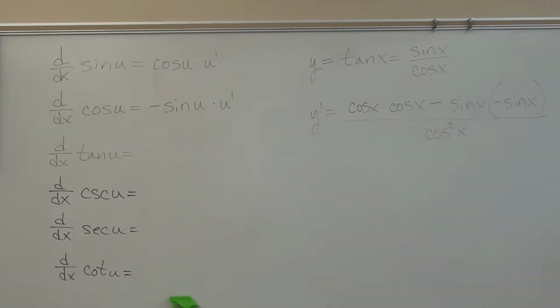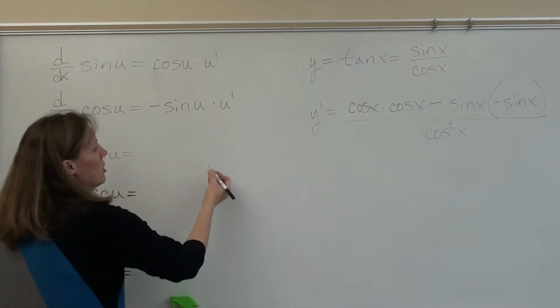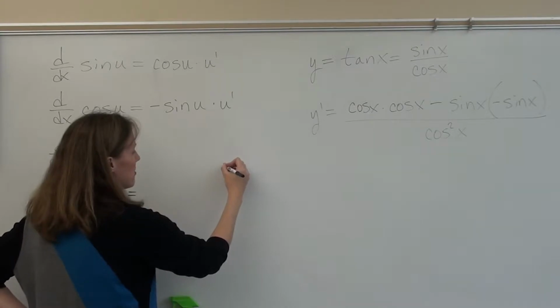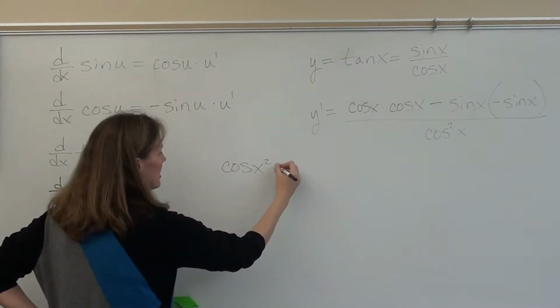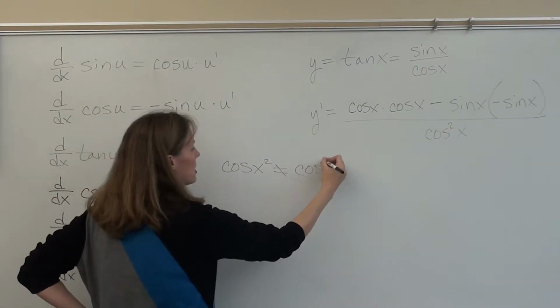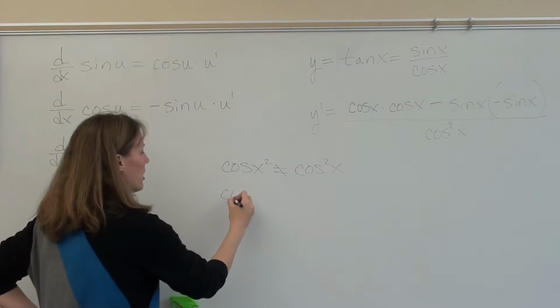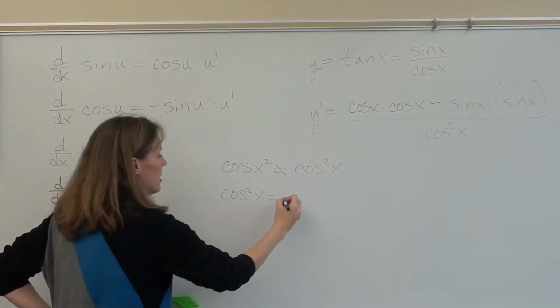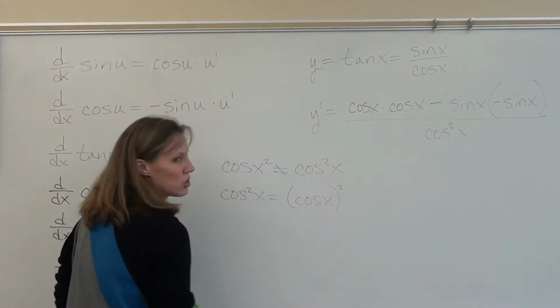Now, a mistake that I did see on some of your quizzes, not many, just a couple, is misunderstanding something. Cosine x squared is not the same thing as cosine squared x, right? Cosine squared x is the entire cosine being squared.